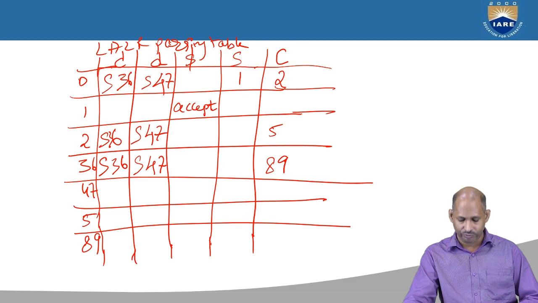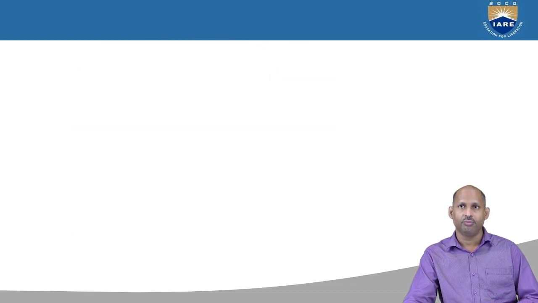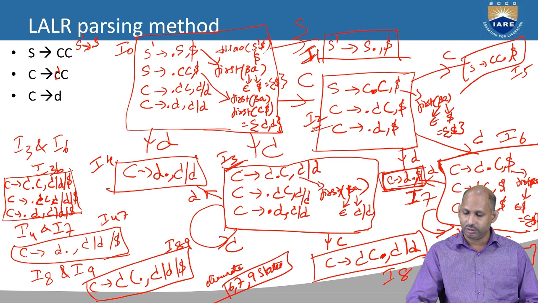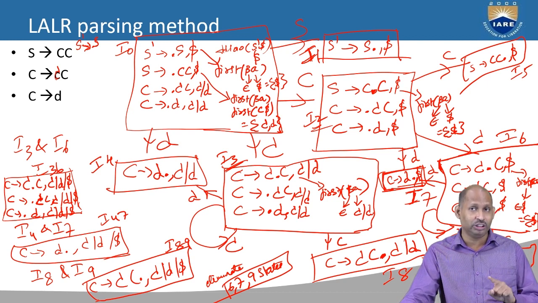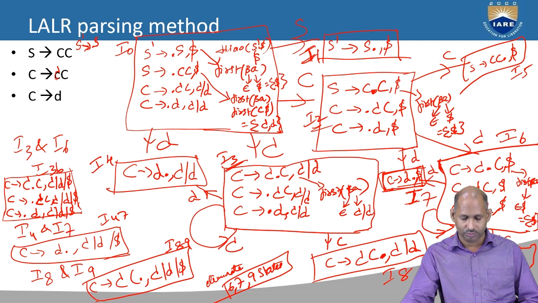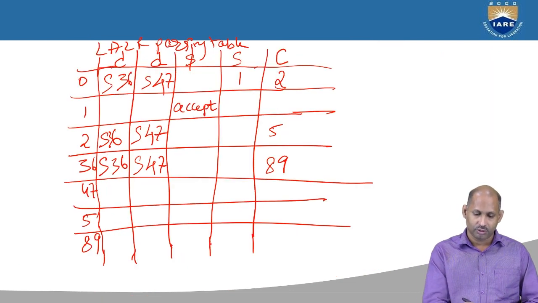Okay. Now next I4. I4 is changed to I47. What is the production number? 3. Third production. What are the symbols we have? We have the symbols C, D, dollar.